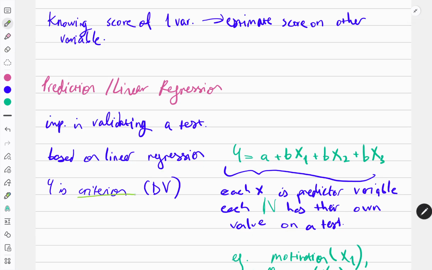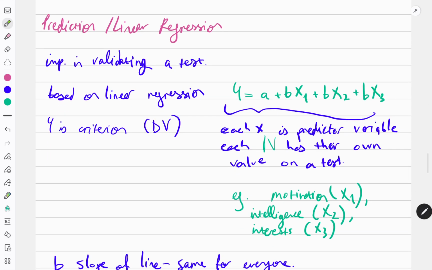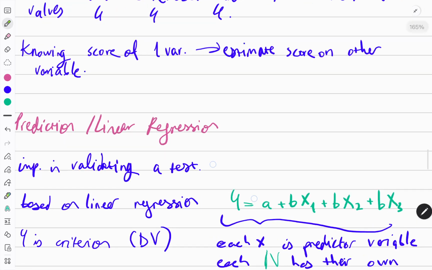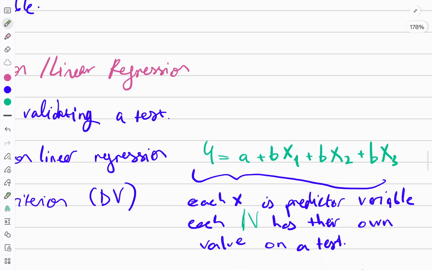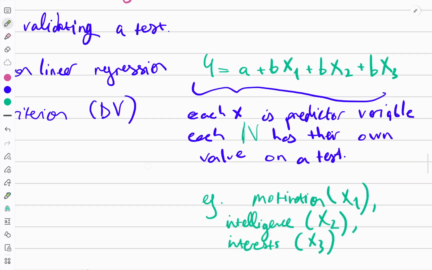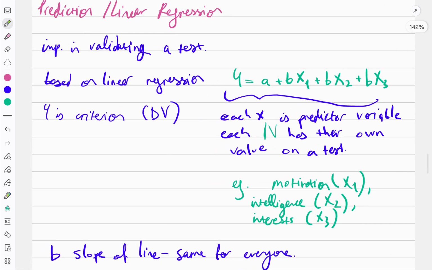Y is the criterion, the DV, and we have this formula here. Each X is a predictor variable, each IV, and each has its own value on a test.